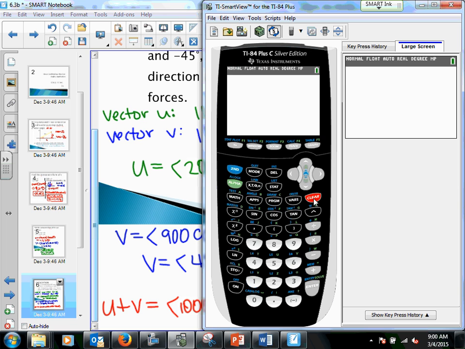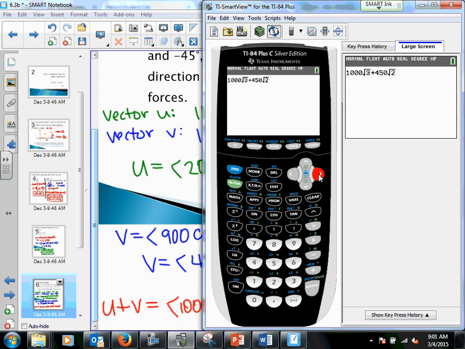All right, so our horizontal component was 1000 radical 3 plus 450 radical 2. Am I remembering that correctly?